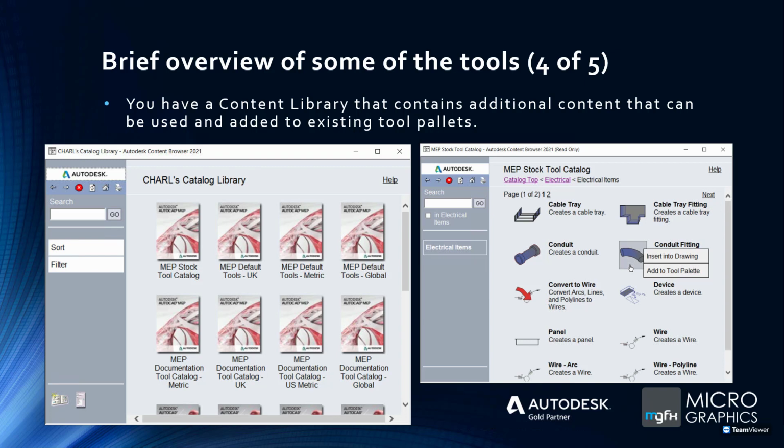Once it's added to the tool palette, you can reuse it in future. Right, so that bend in the conduit fitting allows you to add the components to your drawing from the stock catalog.